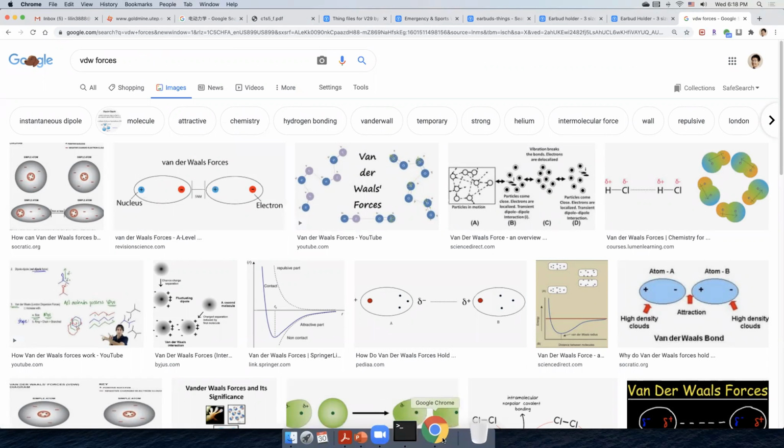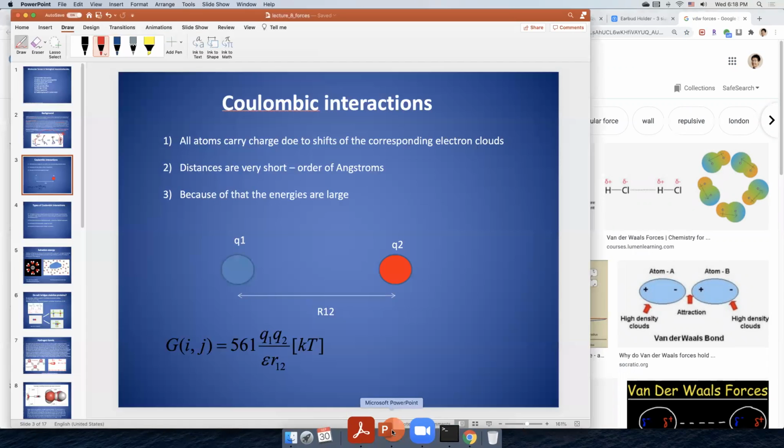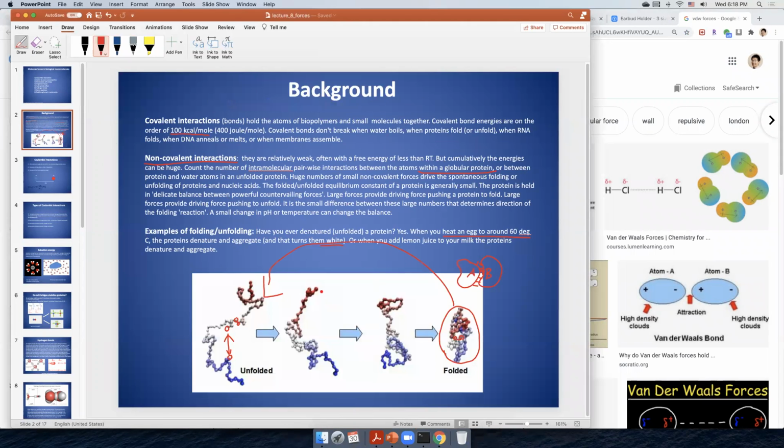For atoms, let's go back to this picture. For some atoms, for example this atom and this atom, they're far away from each other.